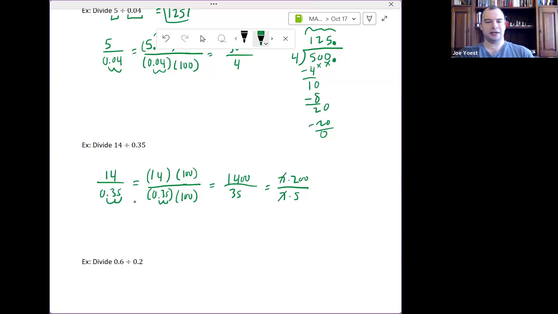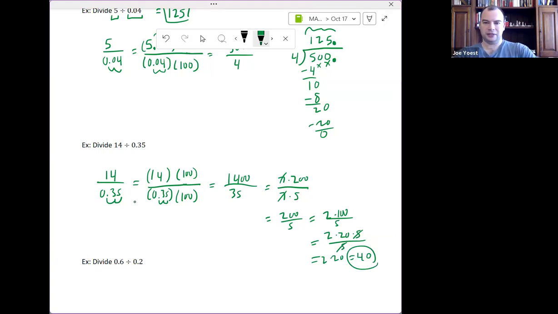So my 7's divide out. But I now have 200 divided by 5. Well, 200, that's like 2 times 100. But 100 I know is 20 times 5. I can divide out the 5s as well and get 2 times 20 or 40.